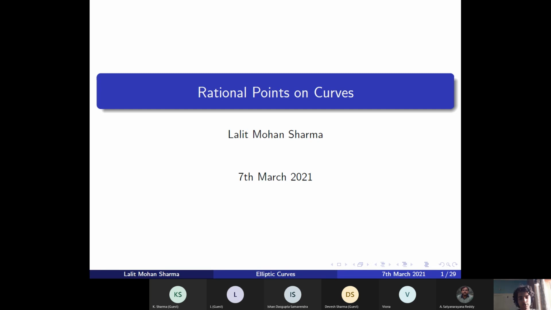If we just substitute some rational number into x, then we know that y would also be rational due to the property of rational numbers. But this was an easy case. For example, someone mentioned a circle, and in a circle, it's more difficult to find a rational point. So that's what we're going to be talking about today.